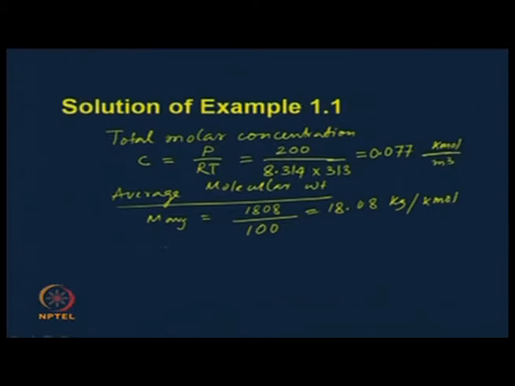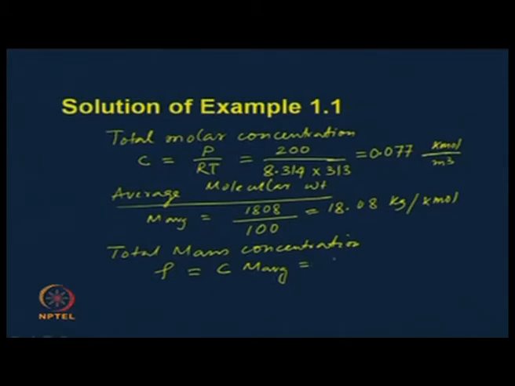So that the total mass concentration, which is rho, is equal to C into M average.